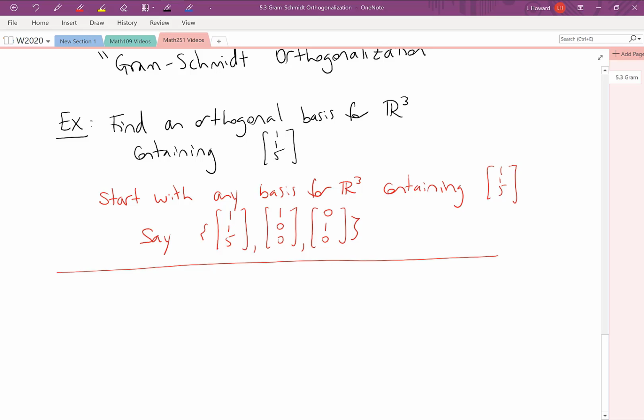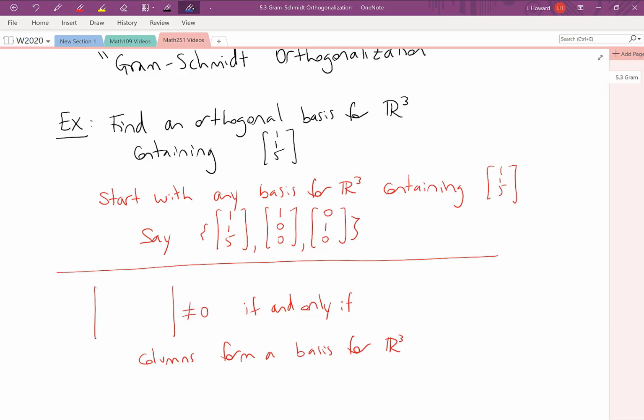So according to the fundamental theorem of invertible matrices, we've got a statement that says a certain determinant is going to be non-zero if and only if the columns in this matrix here form a basis for R3.